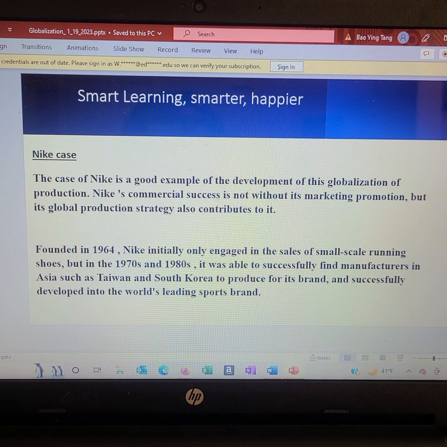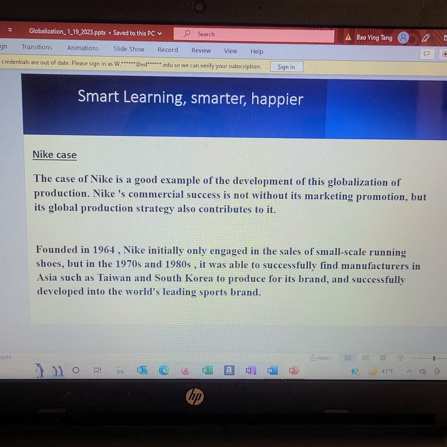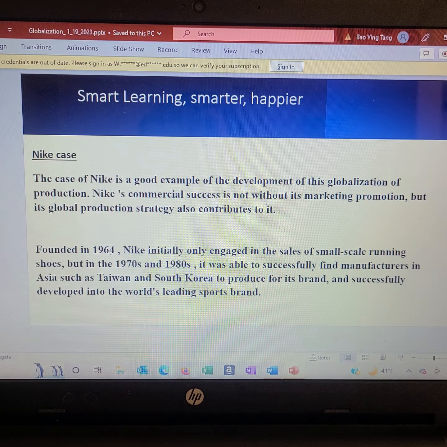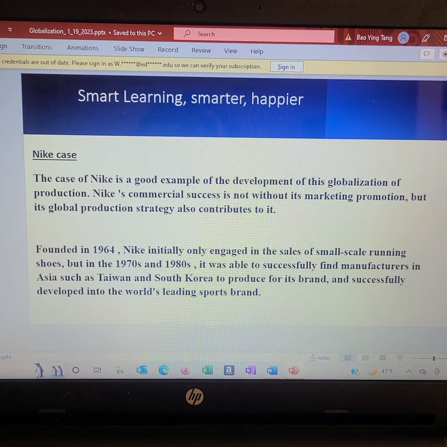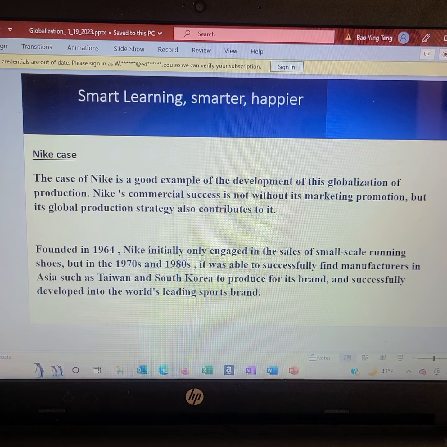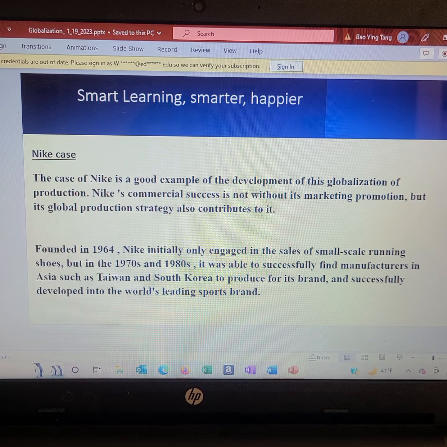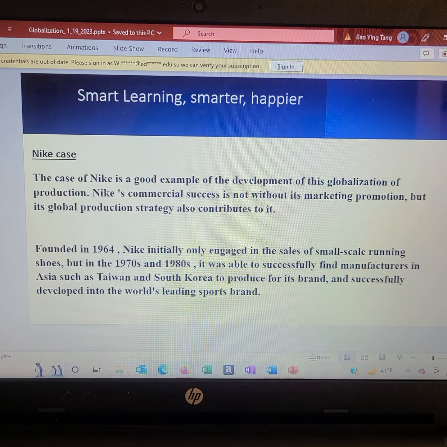But in the 1970s and 1980s, it was able to successfully find manufacturers in Asia, such as Taiwan and South Korea, to produce for its brand, and successfully develop into the world's leading sports brand.